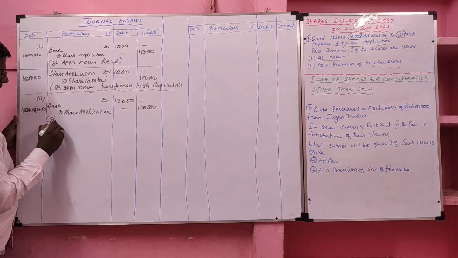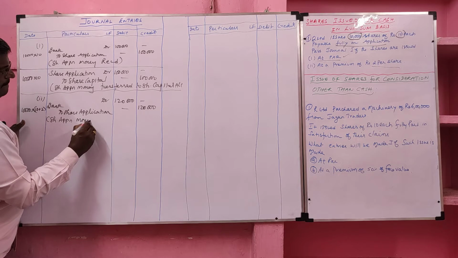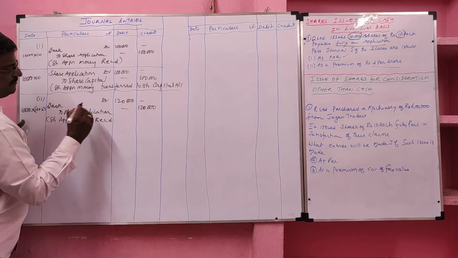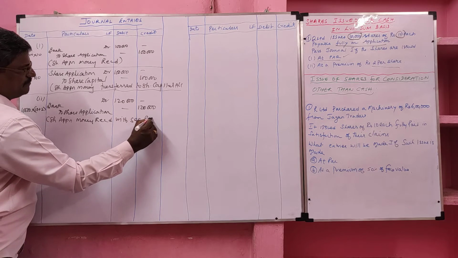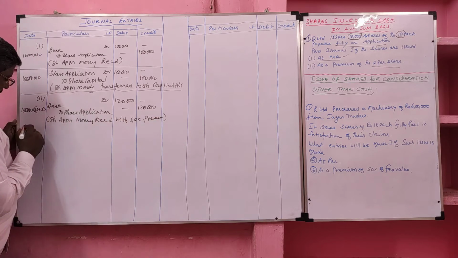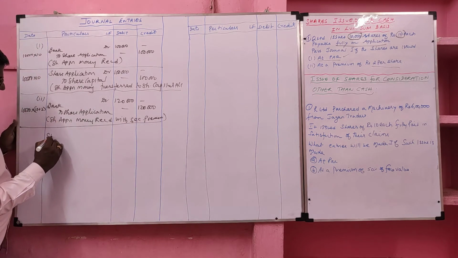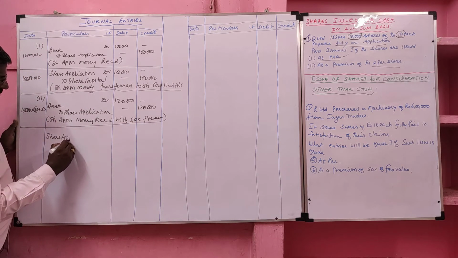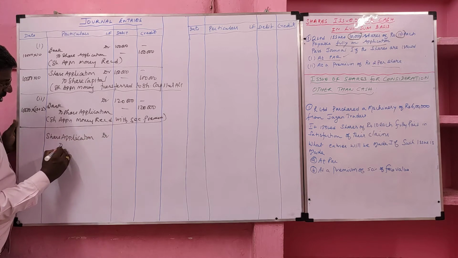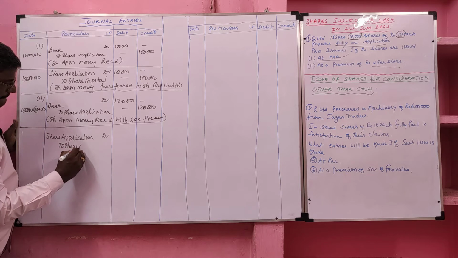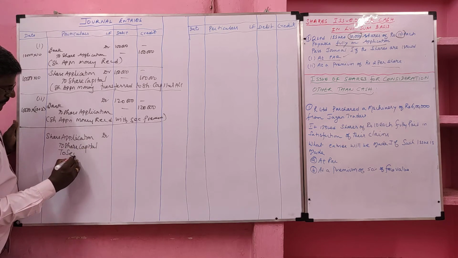Narration: share application money received with the securities premium. Next, the received share application money should be transferred to the share capital. Share application account debit to share capital, to securities premium.